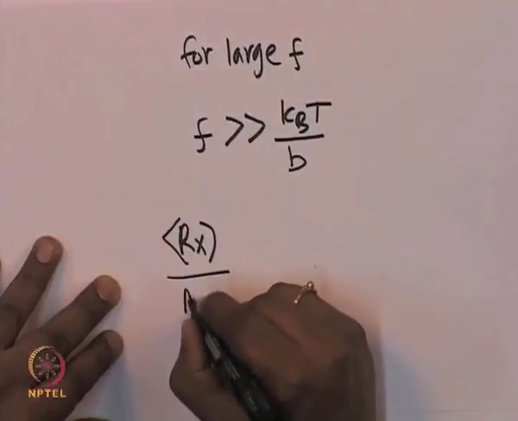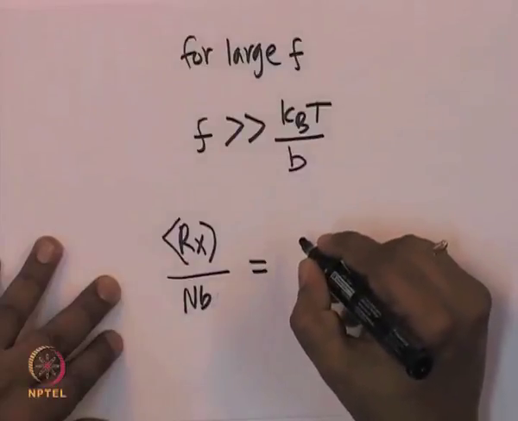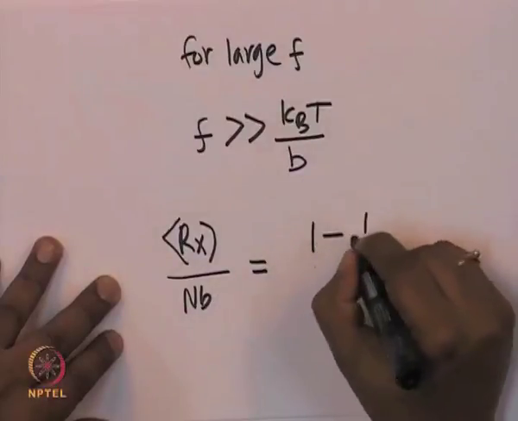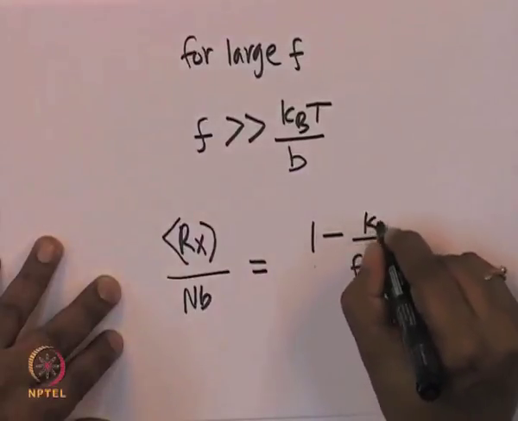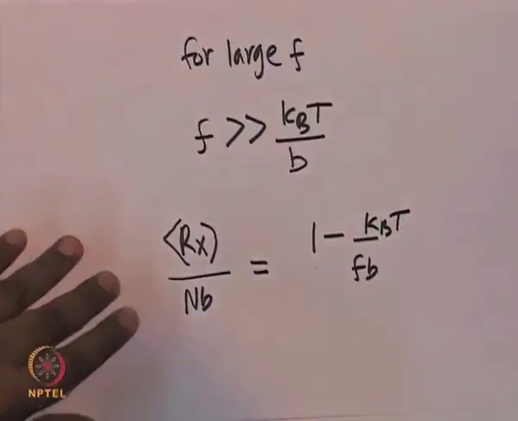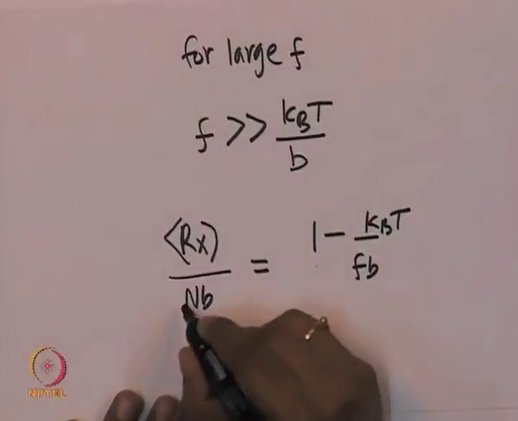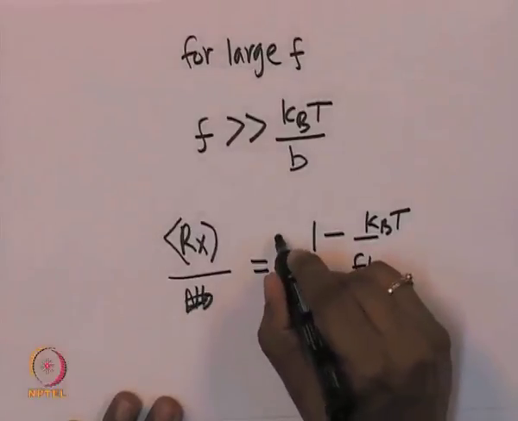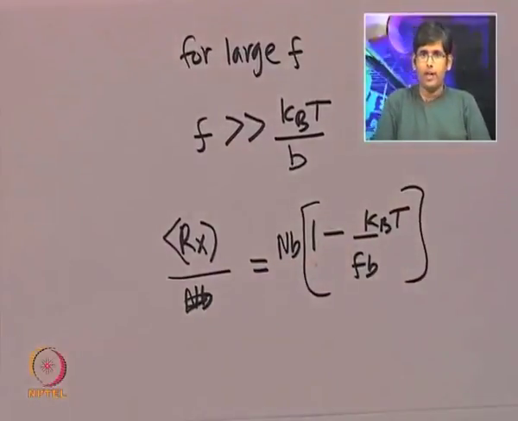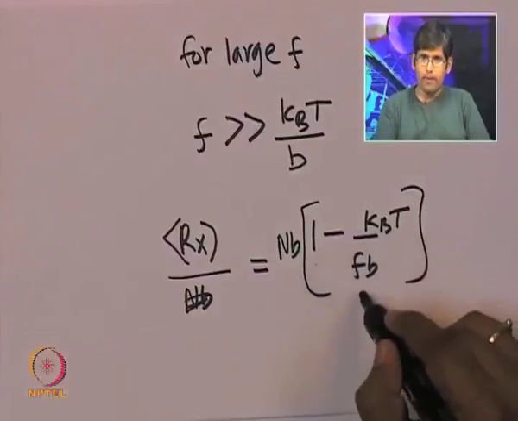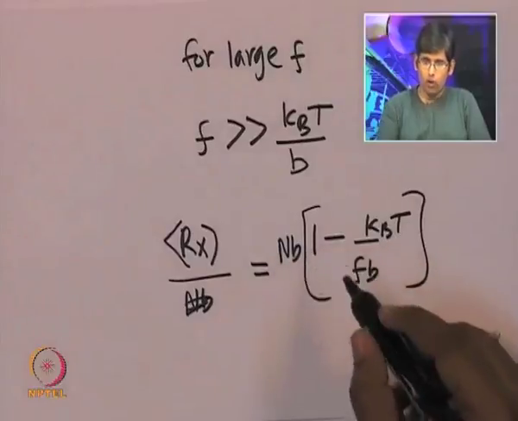So, let me call this n b, which will be equal to 1 minus 1 by f b by k_B T. So, R_x will go as n b times 1 minus 1 by f. So, R_x for large force will go like this.